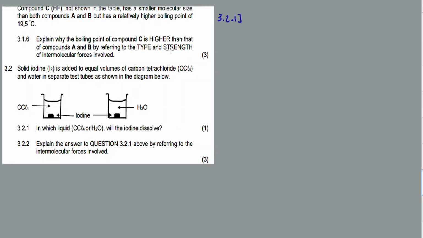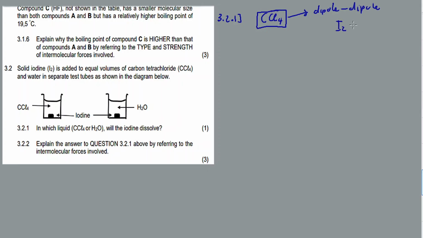3.2.1, it will dissolve in carbon tetrachloride. Okay, I will call the compound tetra because when I say the whole name I end up biting my tongue after carbon. So iodine will dissolve in tetra. You know why? This guy has dipole forces.